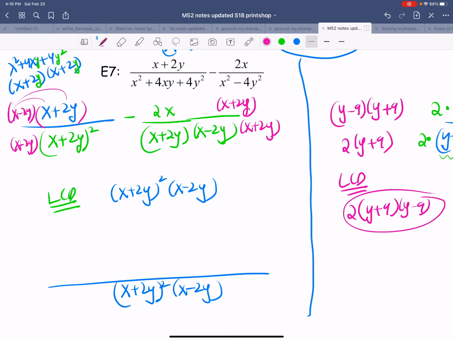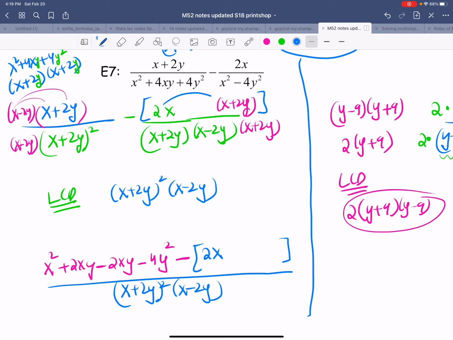Numerators: x times x is x², plus 2xy, minus 2xy, first, outer, inner, last, minus 4y². Okay, minus, because I have a negative sign, don't forget to put the brackets because it's going to turn everything into opposite. 2x times x is 2x². 2x times 2y is plus 4xy.